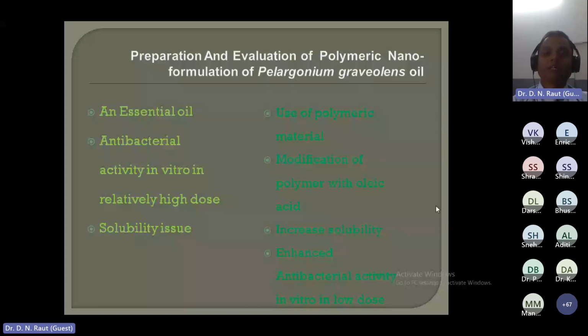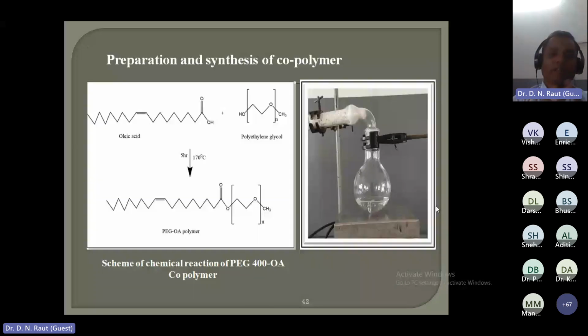With this we got increased solubility, as well as enhanced antibacterial activity in vitro at low dose. The basic work was that we had taken that oleic acid.